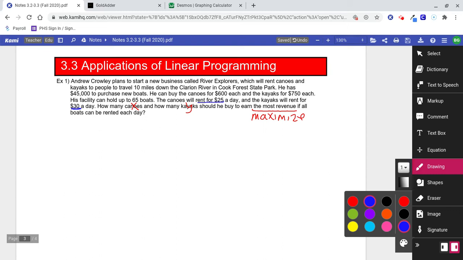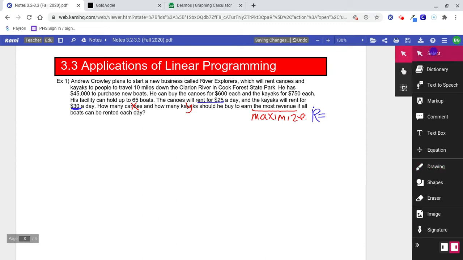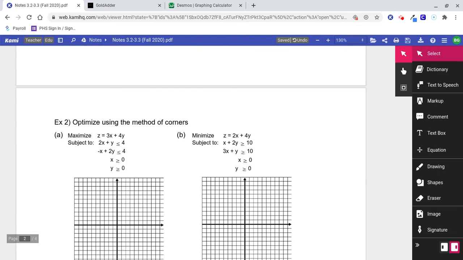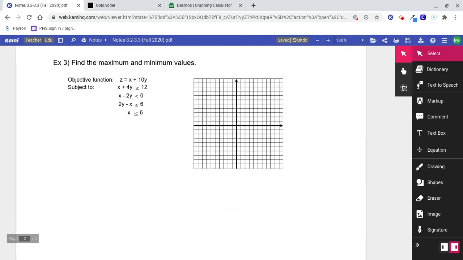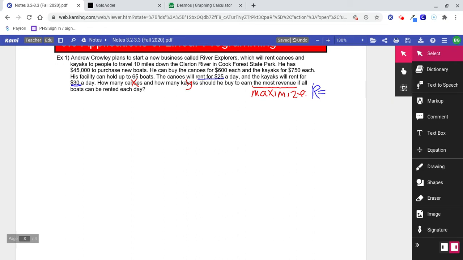So what I'm going to do here is call my objective function, and I'm going to use the letter R for revenue. Now again, go back and look at what the problem is supposed to look like. Maximize Z equals 3x plus 4y or whatever this says. It's going to look something like this. But you don't have to use Z. A lot of times people will use Z, but I'm going to use R just to remind myself that it's revenue that we're talking about.